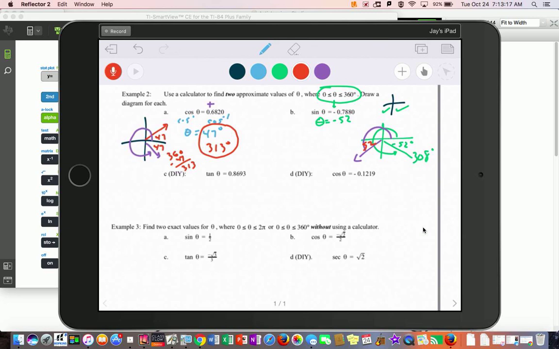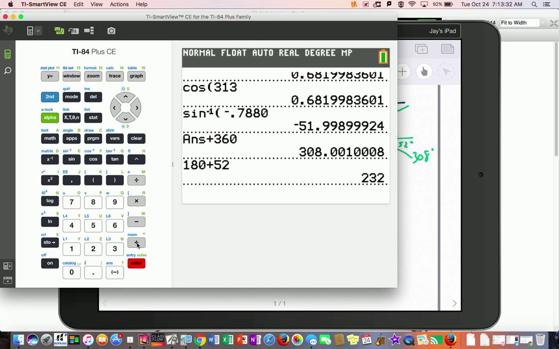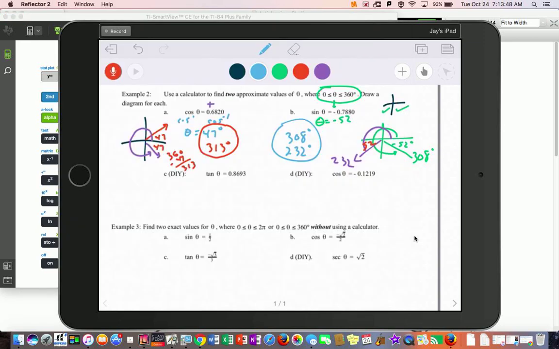So if you follow the purple, wrap it around from 0 all the way there, it's 180 plus 52. And that's where my 232 comes from. So the two answers we got were 308 and 232. So 232 is the answer here all the way around. So those are your two answers.